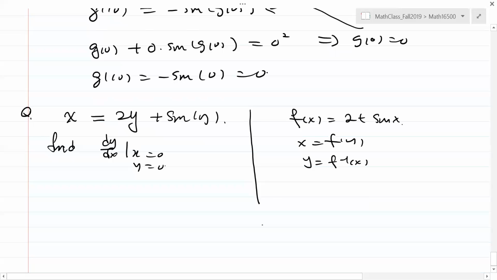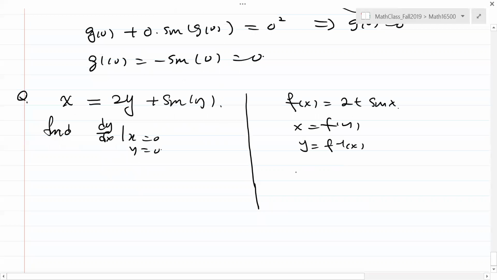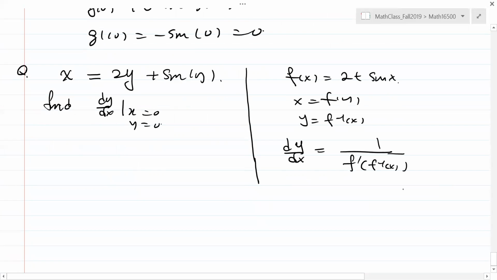So my question is, what is the derivative of y with respect to x, right? By the formula for the derivative of the inverse function, this is going to be 1 over f prime of y. So that's a formula.